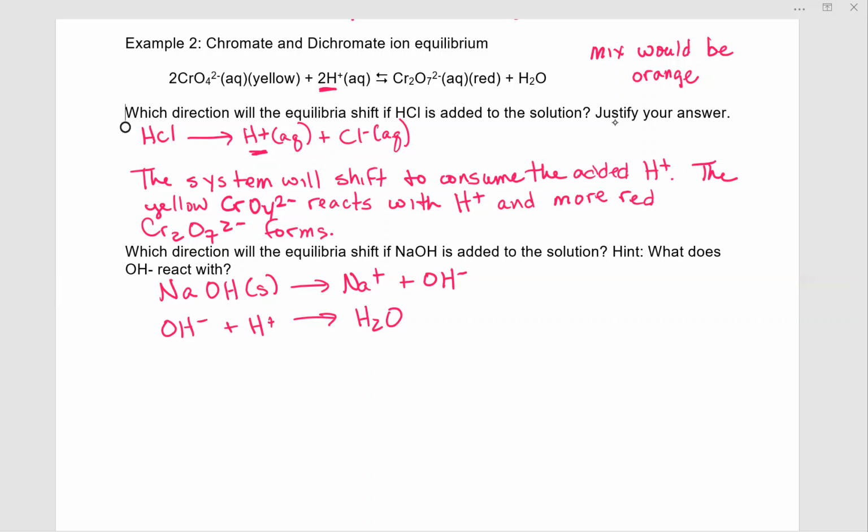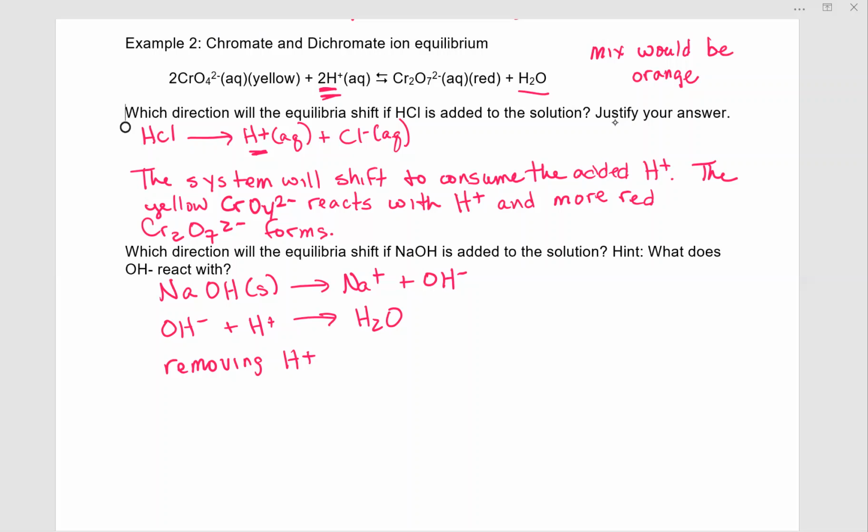So, two things are going on here. We are removing H+. Okay? So as we remove the H+, the system is going to shift to replace the H+. Now, you might be looking at that and going, well, okay, we're also making more H2O. But notice that we have two H+ and only one H2O.